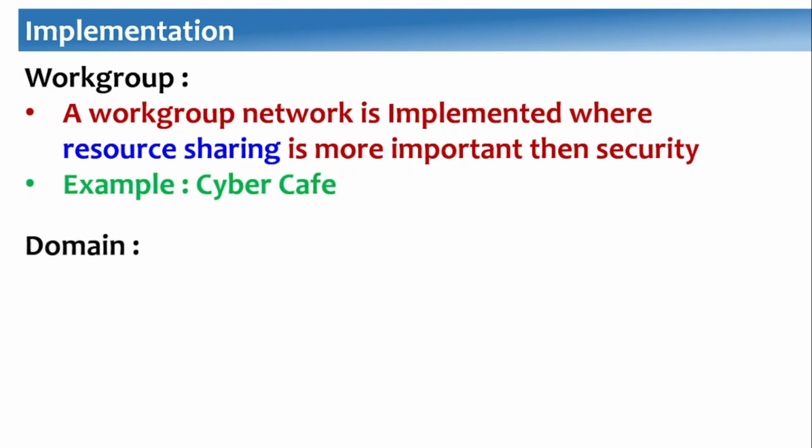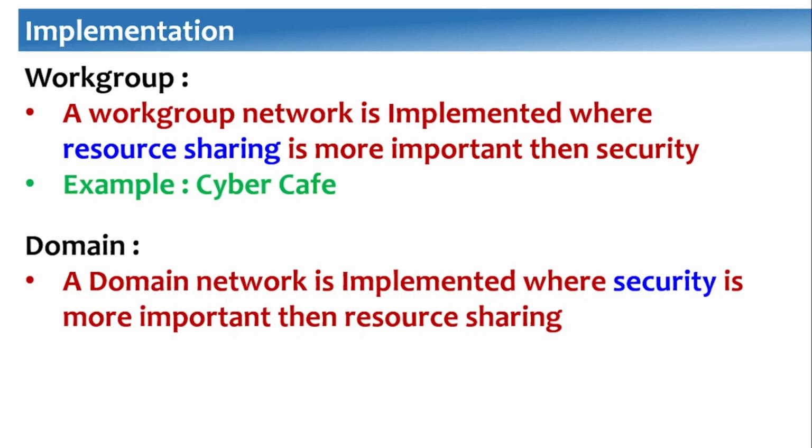Let's talk about where to implement a domain network. A domain network is implemented where security is more important than resource sharing. Resource sharing is there in all networks, but in a domain network, security is given more precedence over resource sharing.